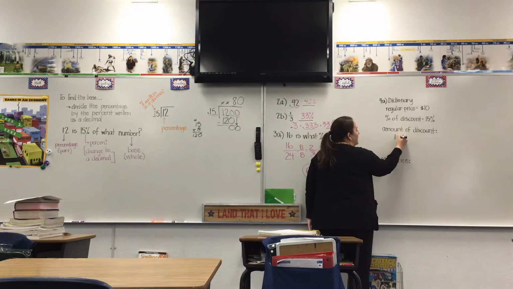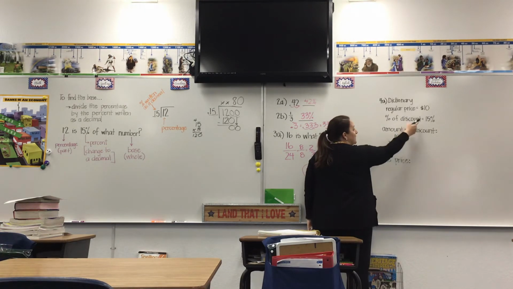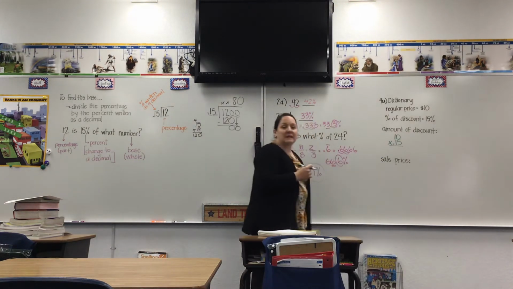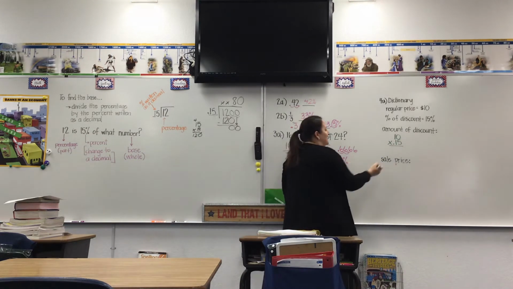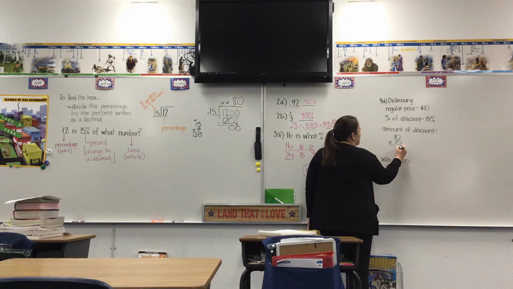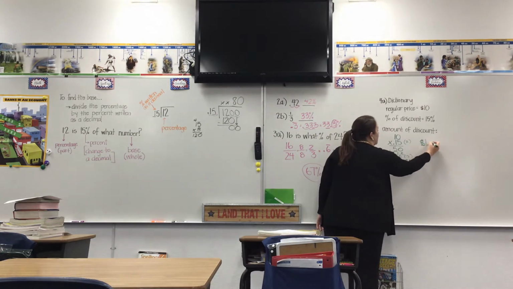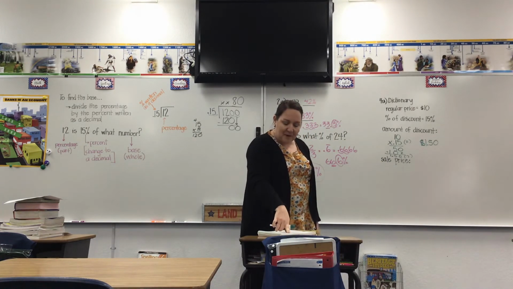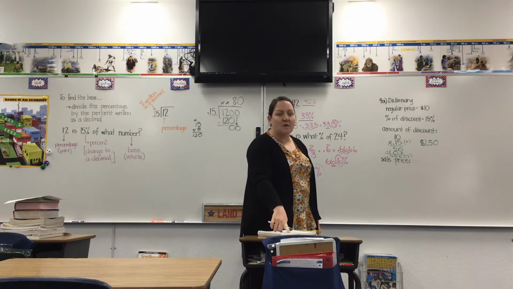So I have 10 times 0.15 because 15% written as a decimal is 0.15. So I come here, okay, that's a 0, 5, 0, 1. I get, oh, 2 decimals here, that means I have 2 here. I get, because it's money, $1.50. Okay, put that in the column, the chart that says amount of discount. So you have $1.50 in there.